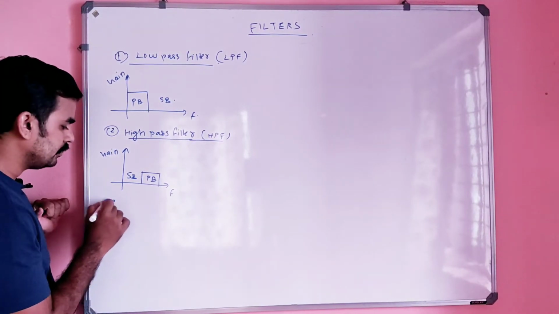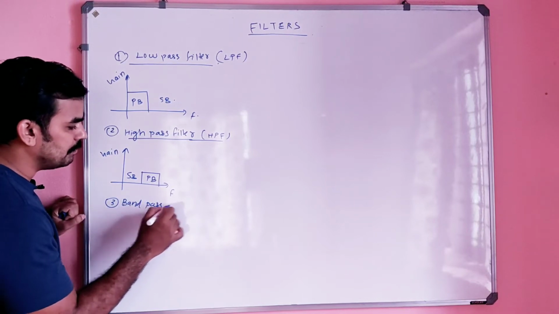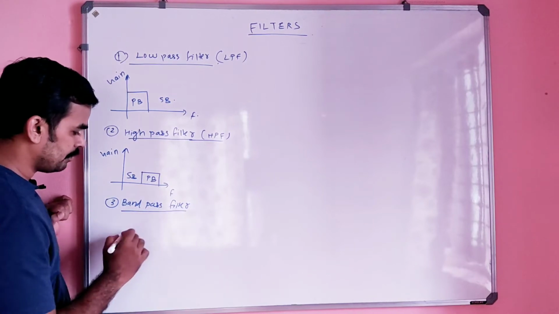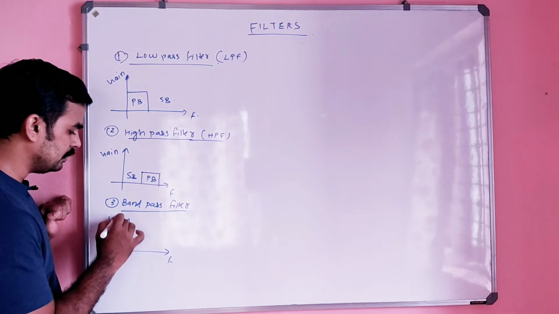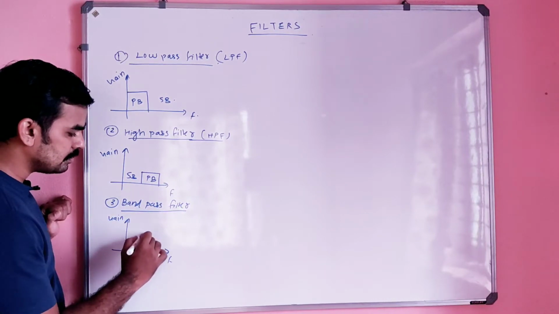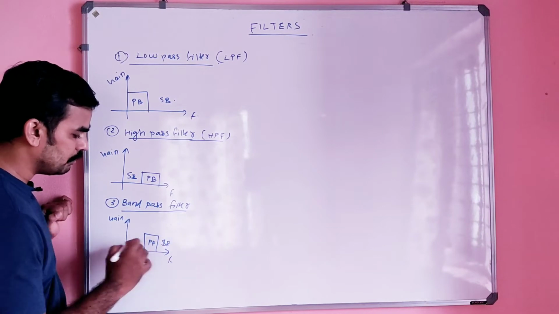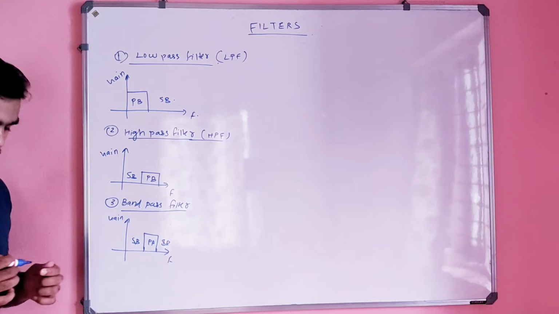And next is band pass filter. The graph of that filter is similar to this. Band pass means it allows a particular band of frequency, and the remaining will be the stop band.